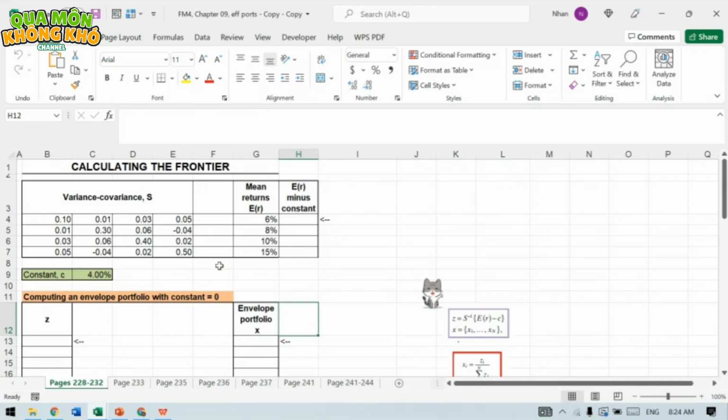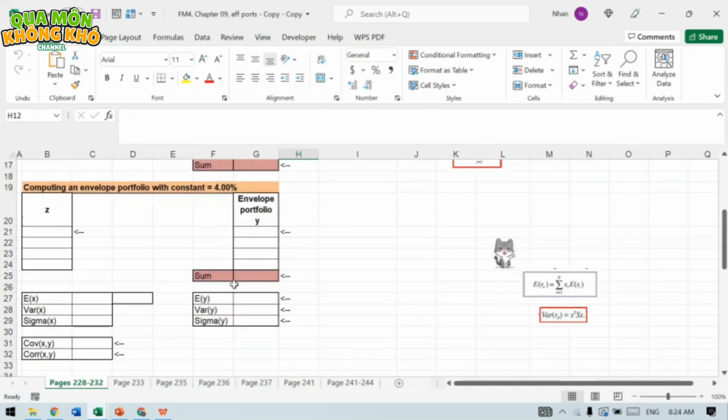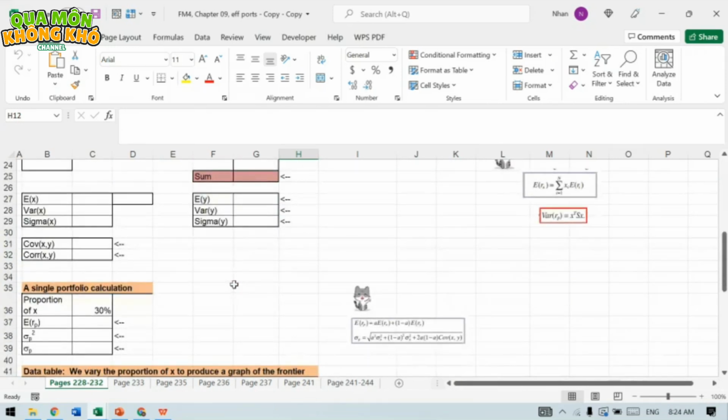For calculating the frontier, the idea behind it is a theorem first proved by Black in 1972: any two envelope portfolios are enough to establish the whole envelope. So first I will calculate the two envelope portfolios, then combine them into a single portfolio, and then draw the frontier.